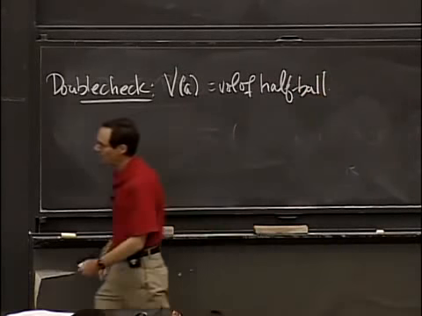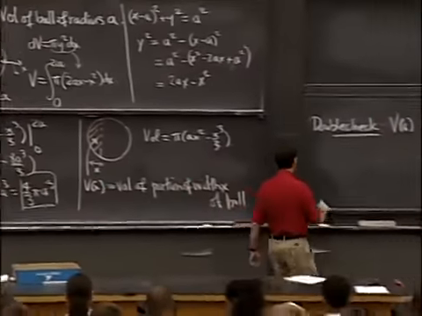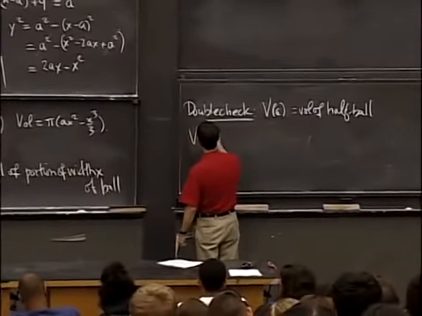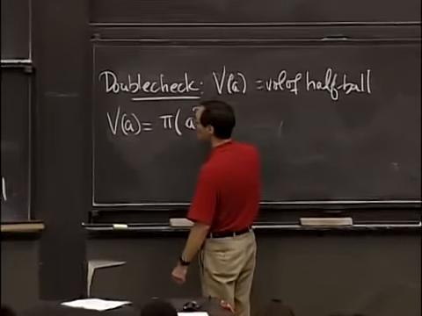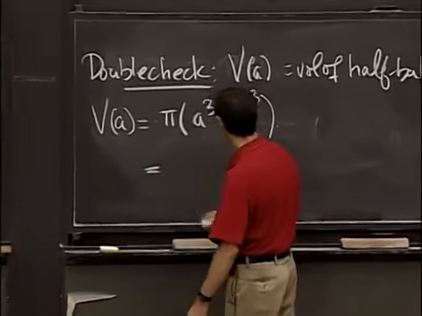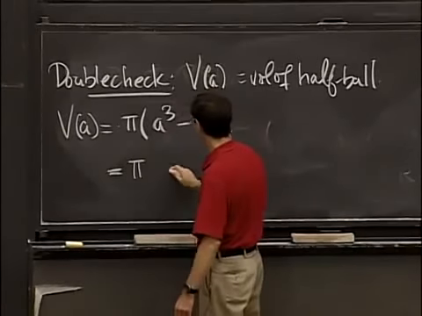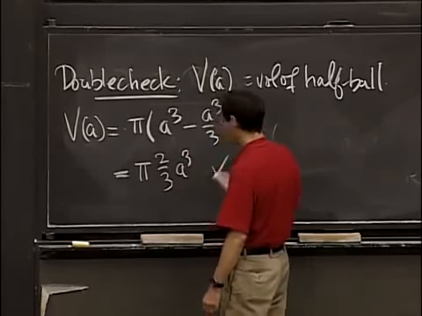That's halfway. If I go over here and I only go up to a, that's exactly half of the ball. That had better be half, so let's just see. V of a, in this case, is pi, and then I have a cubed minus a cubed over 3. And that turns out to be pi times a total of 2/3 a cubed, which is indeed half.